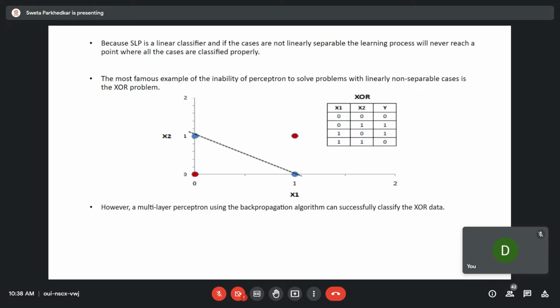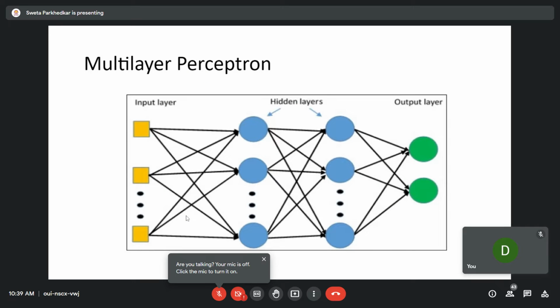So this can be successfully classified by the multi-layer perceptron. Okay, multi-layer perceptron can solve this type of classification problem of XOR data by using the back propagation algorithm. So we'll see what a multi-layer perceptron is. This is a general diagram of a multi-layer perceptron.